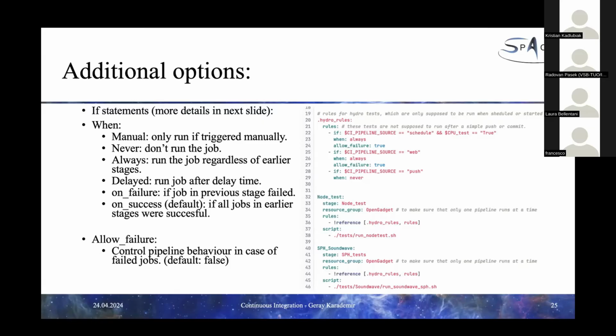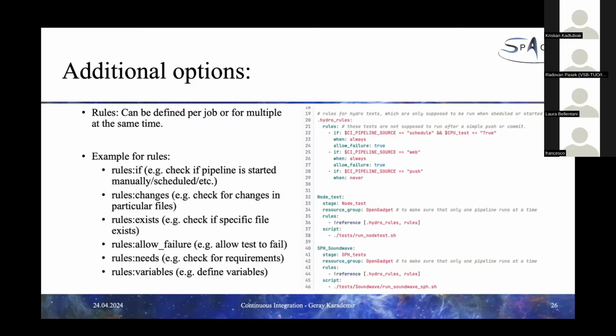One more interesting thing is the allow failure criteria, because that way you allow a job in a stage or in general to fail, and the next stage will nevertheless start running. It might be handy if your jobs are separate, because that way you can still run the full pipeline and it tells you which jobs failed, instead of terminating when one job doesn't succeed. So this can sometimes be quite handy.